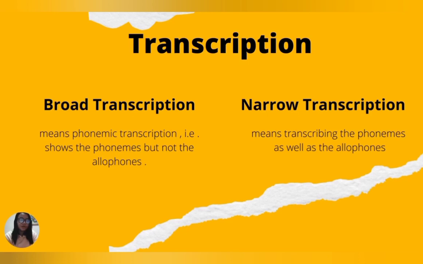Transcription is divided into two: broad transcription and narrow transcription. Broad transcription means phonemic transcription, which shows the phonemes but not the allophones. And narrow transcription means transcribing the phonemes as well as the allophones.